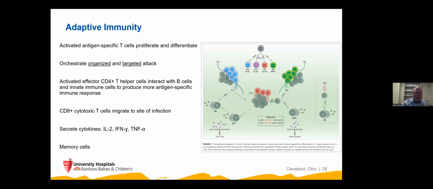And so when you have an adaptive response, you have, as we said before, cells migrating from the area of infection to the secondary lymph tissue to activate naive T cells or naive B cells to form highly specific attackers against the infection or against a specific injury.